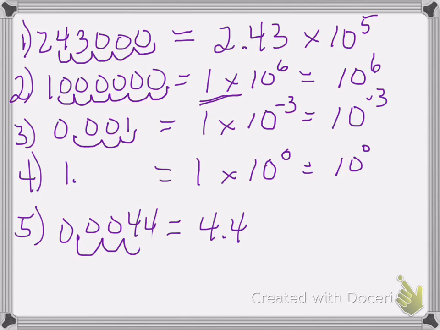I have to move it over 1, 2, 3 spots. And so it's 4.4 times 10 to the negative 3 because I moved the decimal point to the right. And again, when you see the negative, it just means it's a smaller number. I can't make that any more efficient. I can't get rid of the 4.4 and just write 10 to the minus 3. That wouldn't be fair. And so therefore, that would be the correct notation.